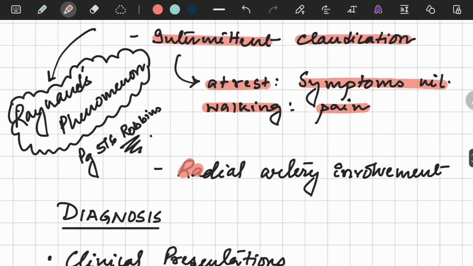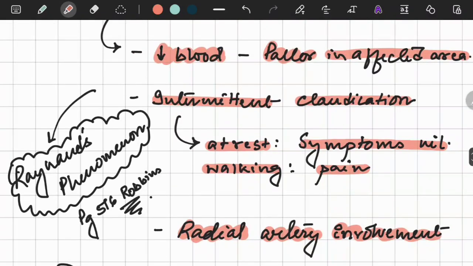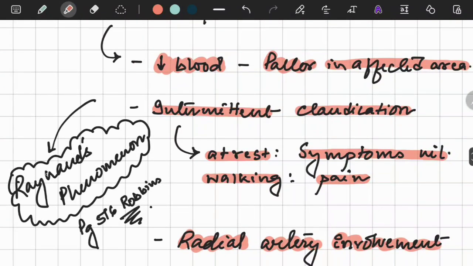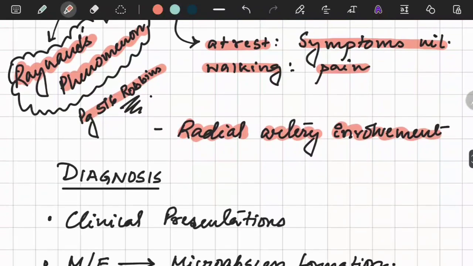There might be radial artery involvement. It also involves Raynaud's phenomenon, which you can refer to on page 516 of Robbins, where decreased blood supply causes pallor in the affected area, and as a result there is intermittent claudication as well.